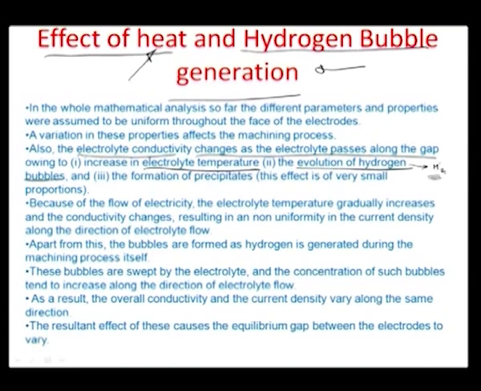And then of course, there is a formation of precipitates, because the process of electrochemical machining concerns carrying out the material and generating a compound which is not dissolvable anymore. So, it precipitates into the solution, that is the prima facie requirement of an ECM process.